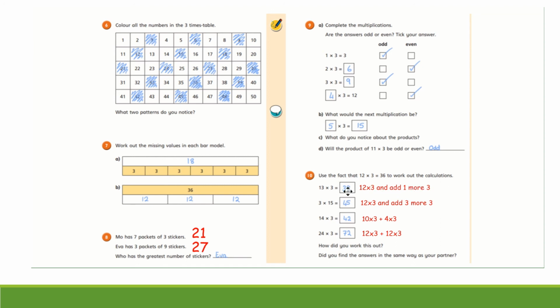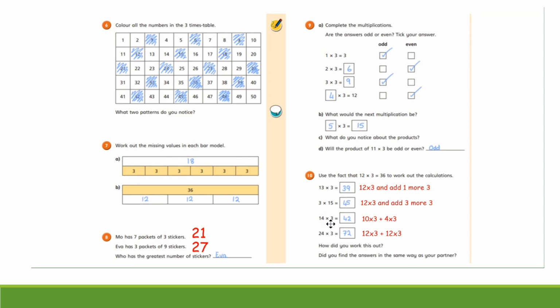That would give you 39, because 36 add 3 more makes 39. And 3 times 15, or it could be 15 times 3. Again, we use 12 times 3, and you could add 3 more 3s. Or you could have had 12 times 3, add 3 times 3, and that would still give you the answer.